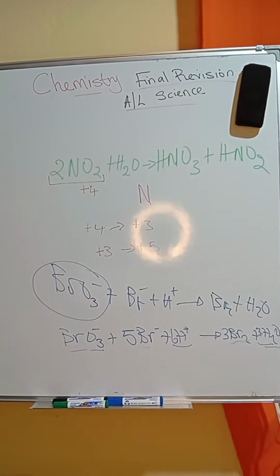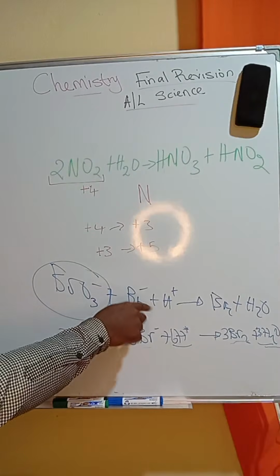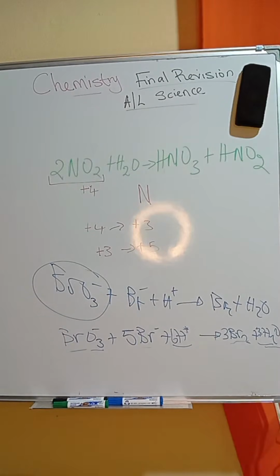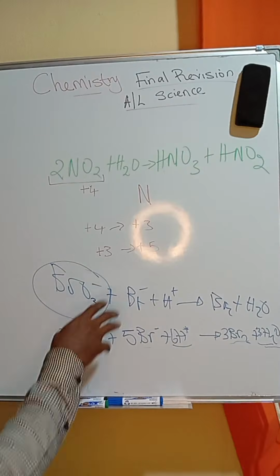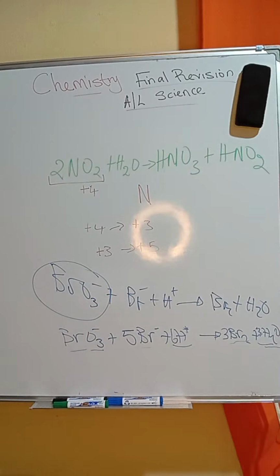And that's why the oxidation state is very necessary. I do not want to go and be explaining how you balance after you calculate the number of oxidation. We have already calculated the oxidation state of bromine. So when I'm writing down this equation, I take that oxidation state and multiply where the bromide ion is found. Once I multiply it on the bromide ion, automatically I'm already balancing the equation.